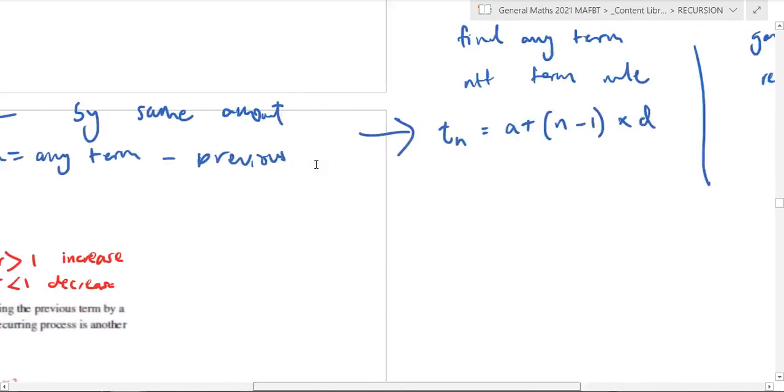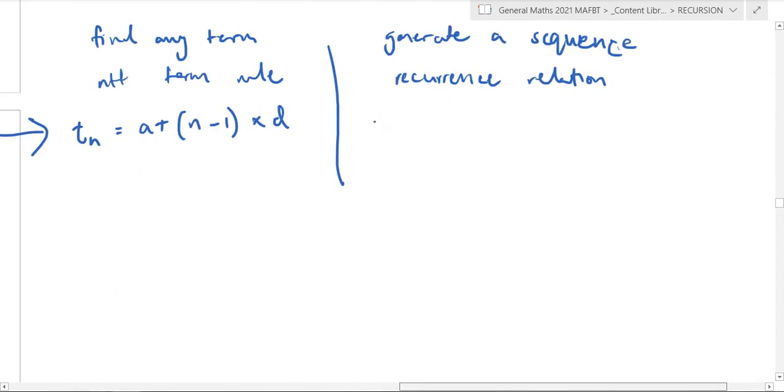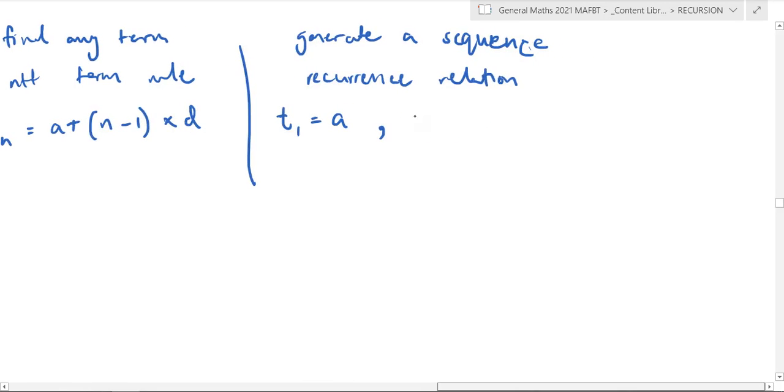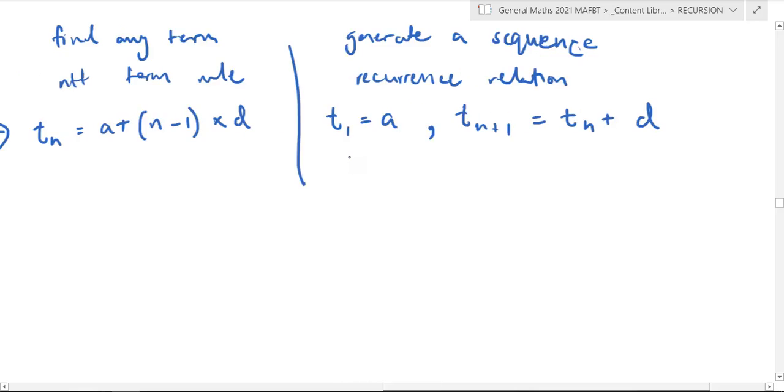Basically, you have to tell me what is the first term. I'll write it like this: T1 equals A, so what's the first term, then separated by a comma. And then for this second part, you've got to tell me how to get the next term, so what's basically the common difference. So list out the first term and the common difference.